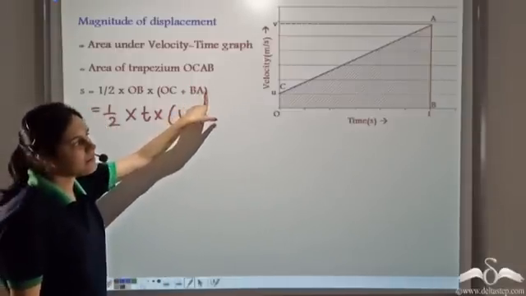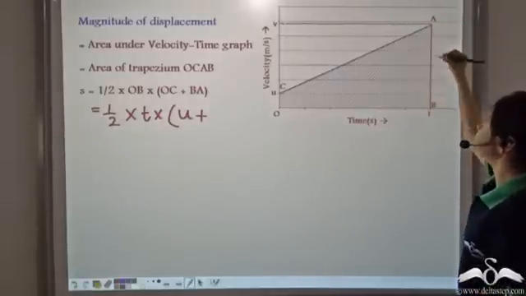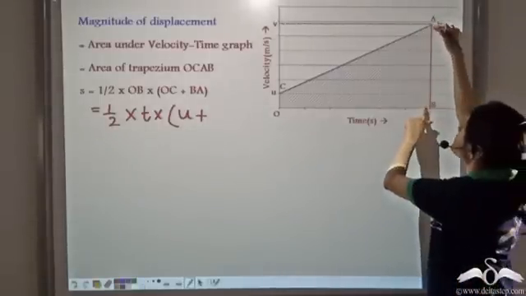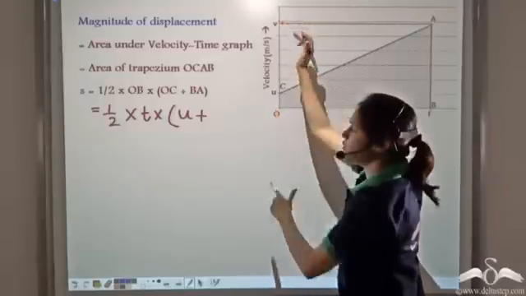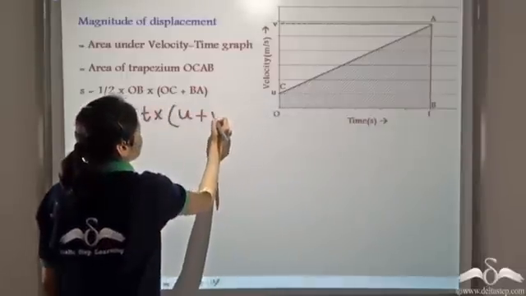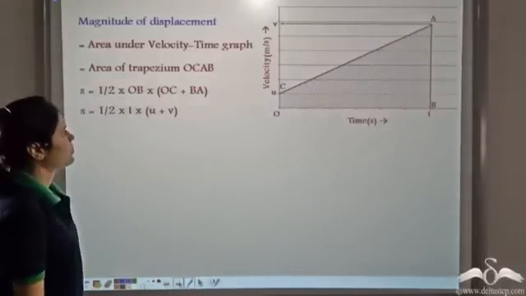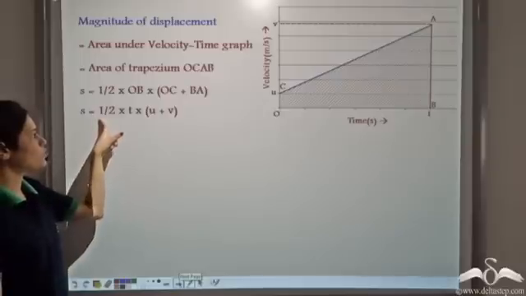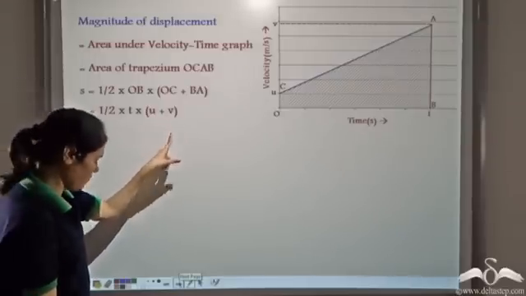And what is BA? BA is this distance. So this distance is equal to this distance, which is the final velocity. So S is equal to half into T into U plus V.